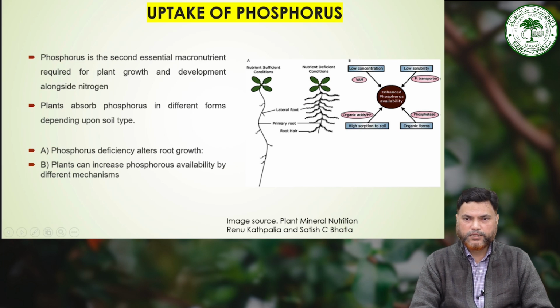Plants absorb phosphorus from the soil in different forms depending upon the pH of the soil, and most importantly phosphorus is taken up by the plants in the form of orthophosphate and phosphate, which occurs in the soil solution at very low concentration, that is 0.1 to 10 micromole.